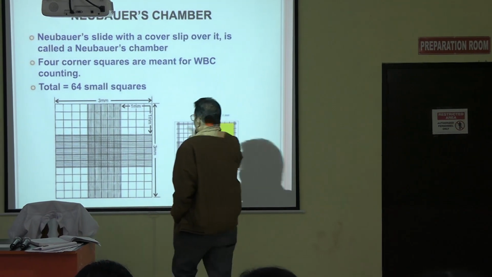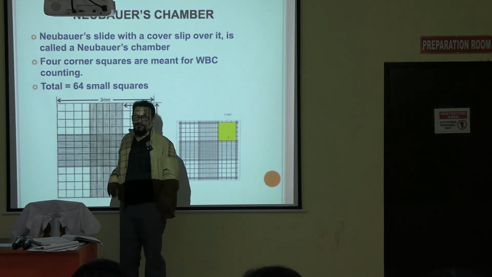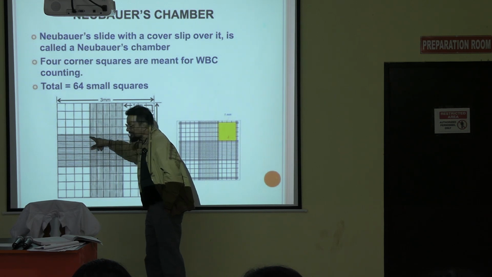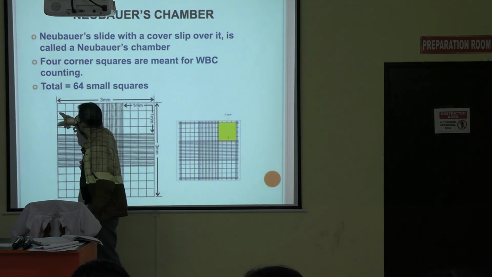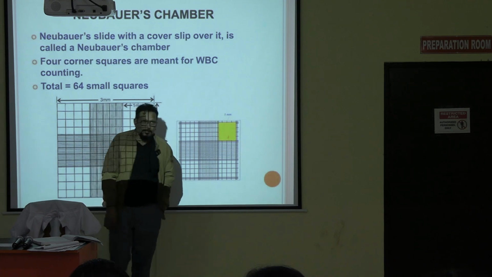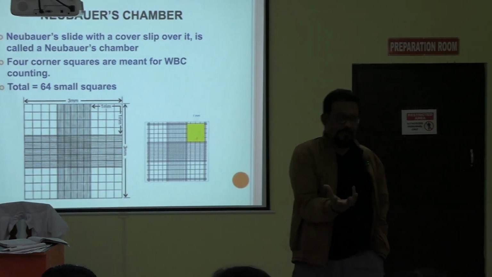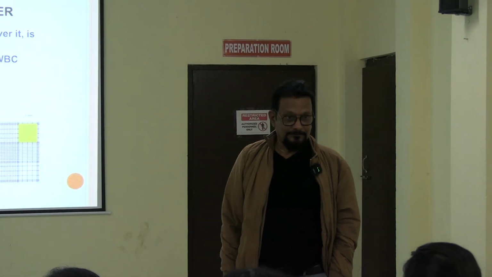If you use 40x for this, you will find only this portion under focus. When you are studying WBC under 40x, you can see only this area. So if you bring it under 10x, then all these boxes will be available to you.